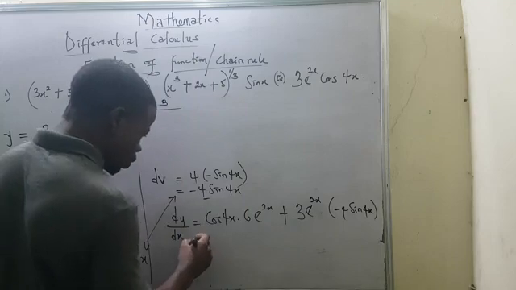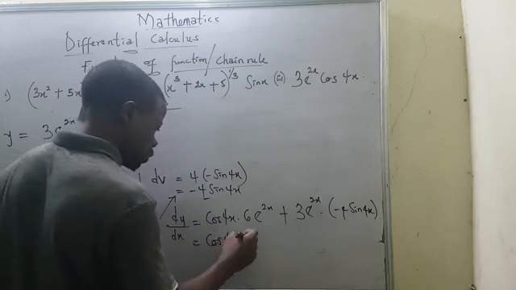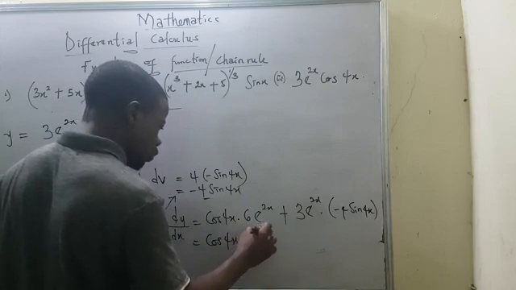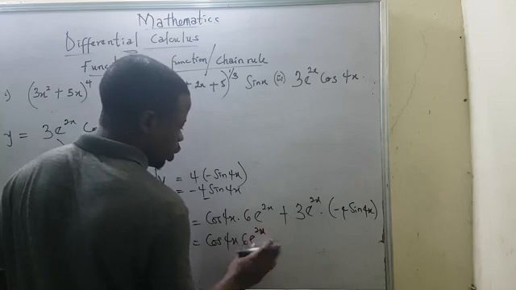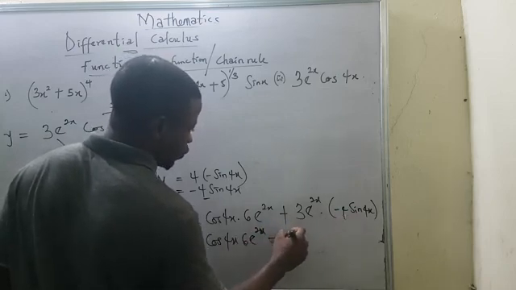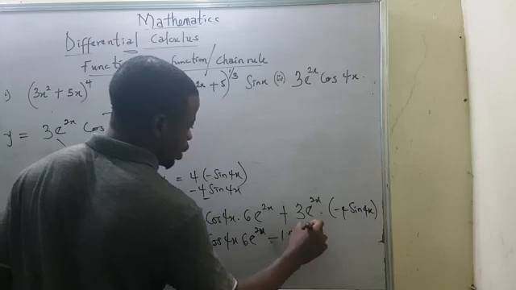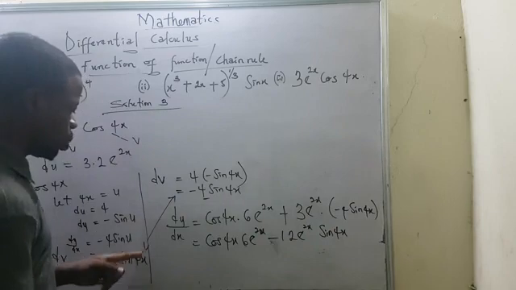So that can be equal to what? Cos 4x, 6 exponential of 2x, minus this times this, you have 12 exponential of 2x sine 4x. Something is common.